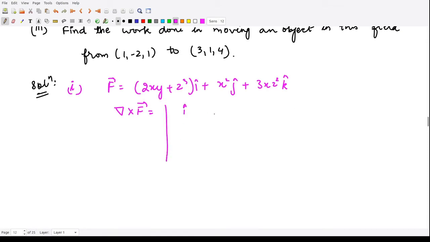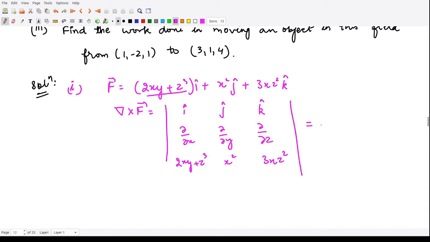So we'll do the determinant, writing i cap, j cap, k cap, then del by del x, del by del y and del by del z, and corresponding to the vector F we will write 2xy plus z cube, x square, 3xz square.